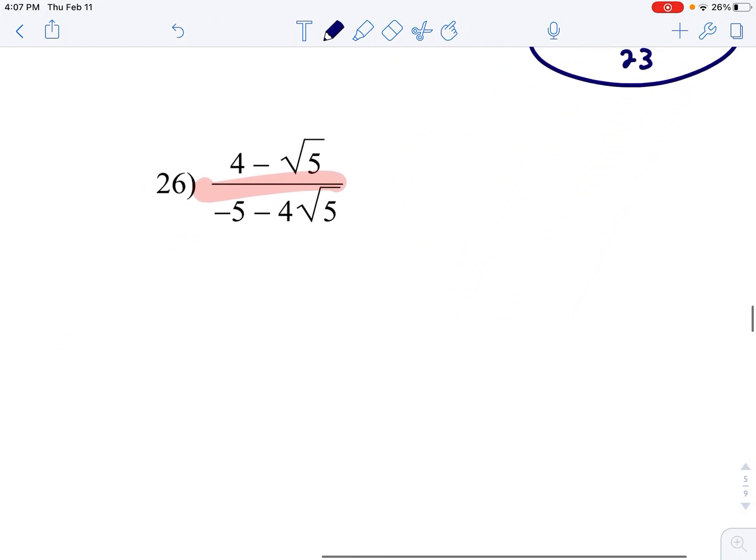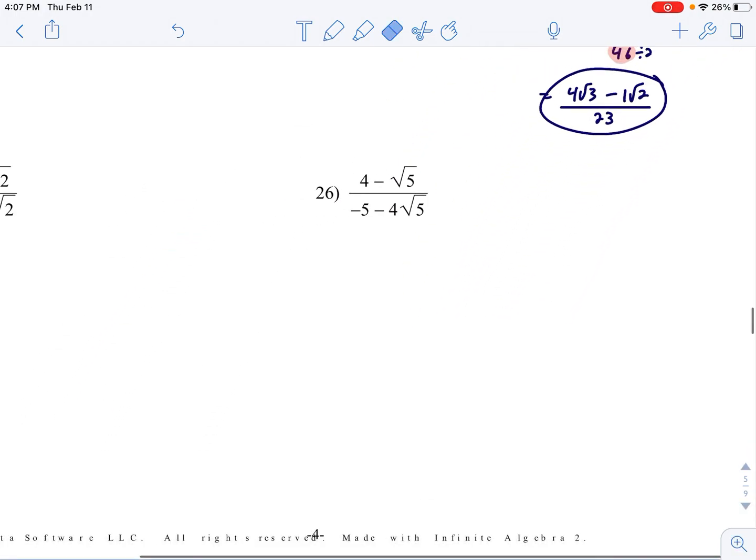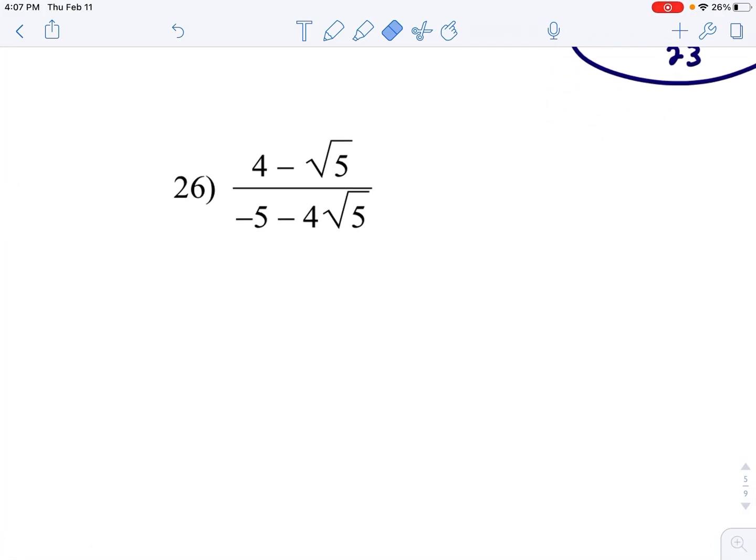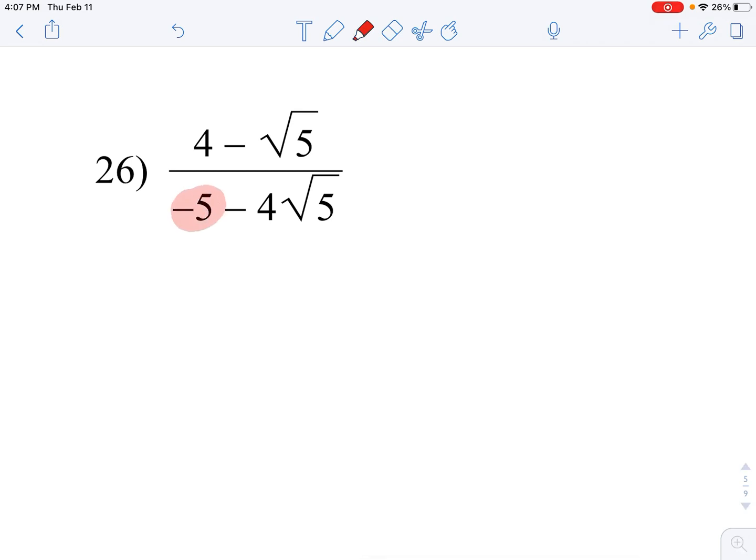All right, last one. Last one's the worst one. I hate to say it. 25 and 26 are the least fun on the whole page, and the problem is there's a binomial on the bottom and a binomial on the top. So there's just going to be some more steps. The process is the same though. Multiply by the conjugate of the denominator.